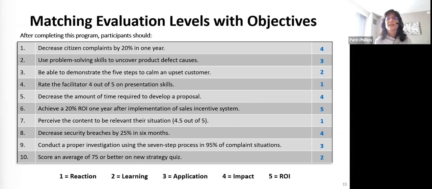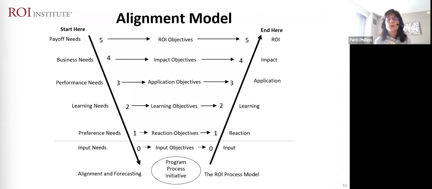They are central to connecting the evaluation of a program and the needs of the organization. So they help ensure we're capturing the right measures. So this is the alignment model for those of you who've not seen it. I know some have, but if we look here, those objectives are right there in the middle. They're really holding this whole thing together.